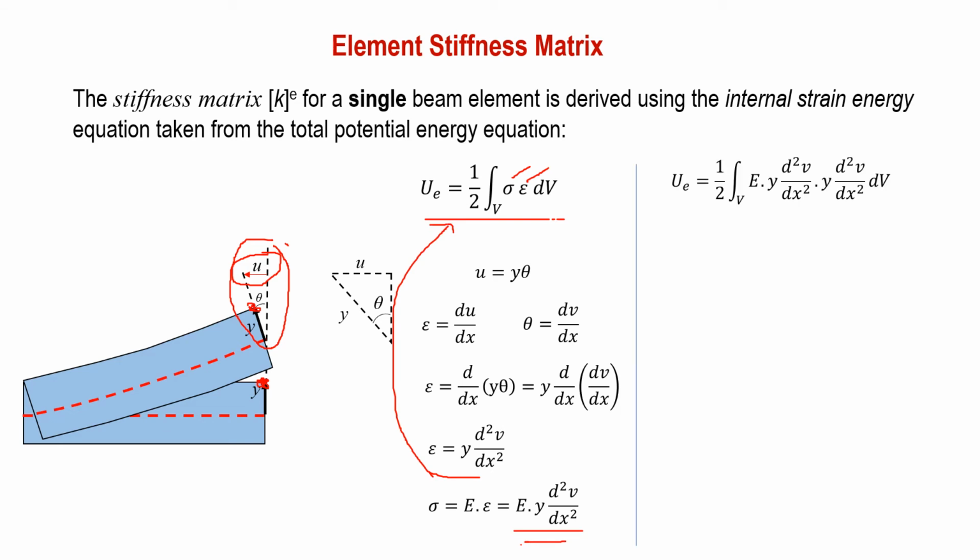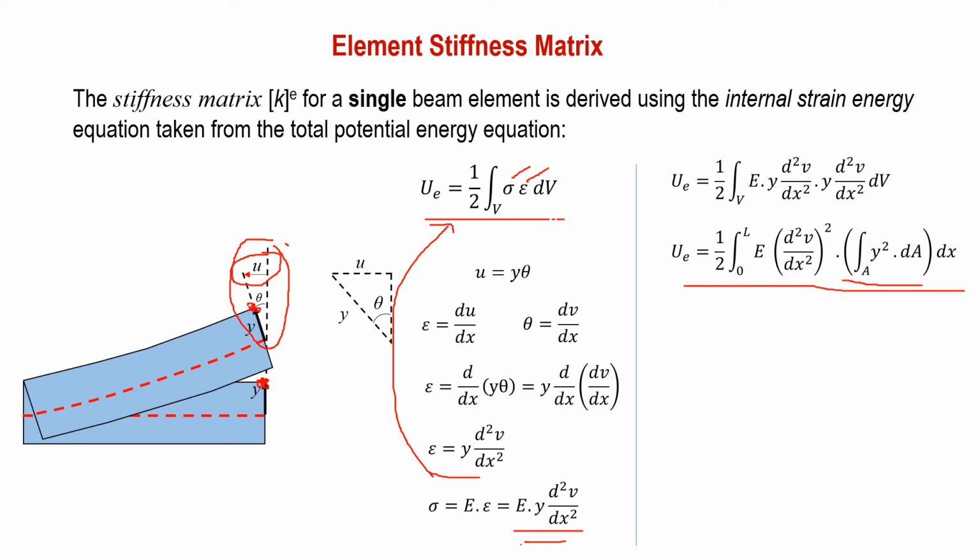By expanding this equation and rearranging it, we have this arrangement. For this term, remember from solid mechanics, this term is actually the second moment of area, or I. So when we rearrange this equation, we obtain the final expression for the internal strain energy.